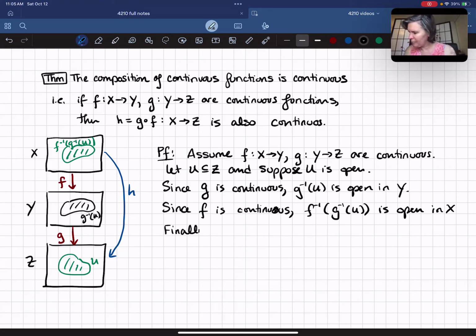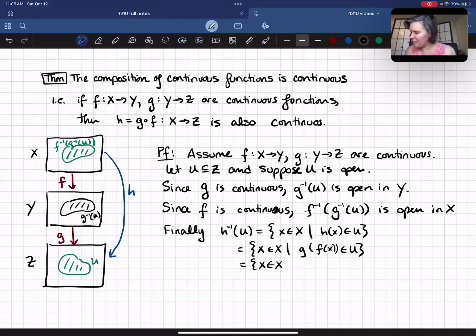Finally, h inverse of U is the set of all little x in capital X such that h of little x is in U, which is the set of all little x in capital X such that g of f of x is in U. Actually, I take it back. Let me just back up one step. Well, I want to say it's f inverse of g inverse of U.